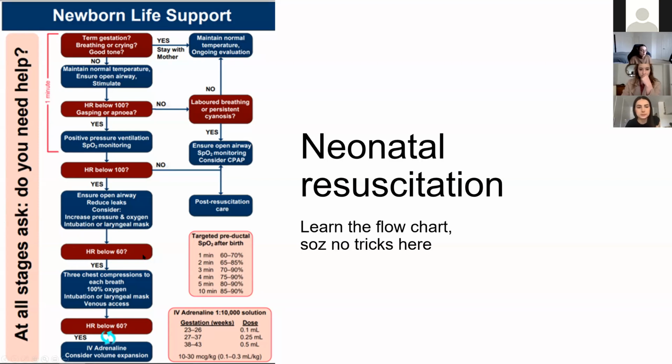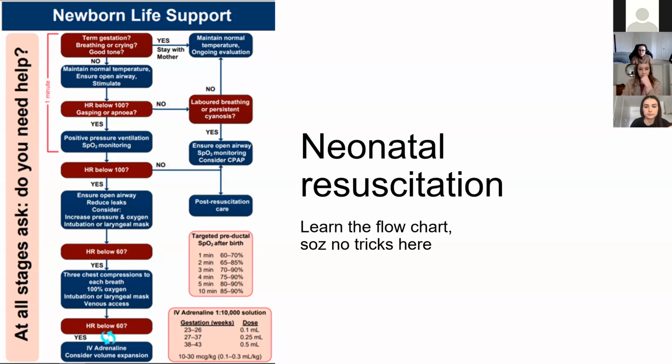Next, the question that you might be asked is whether or not the heart rate has dropped further or is below 60 at any point. And if that's the case, things are pretty dire. And so we need to start chest compressions. The important thing to remember with neonates is that the ratio is 3 chest compressions to 1 breath, and we use 100% oxygen.